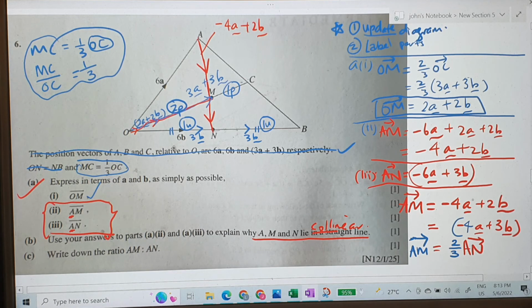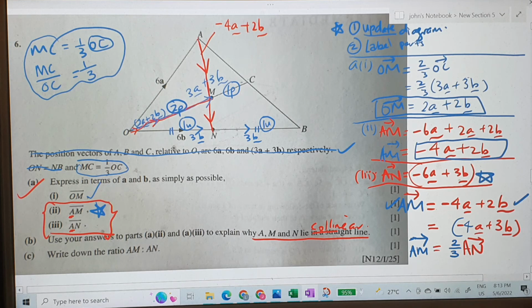Let me rewrite. Firstly, whatever is here, I copy exactly. I want to tell the examiner I know that AM is equal to minus 4a plus 2b, found from part B. Correct? Now I want to link this AM to AN here.